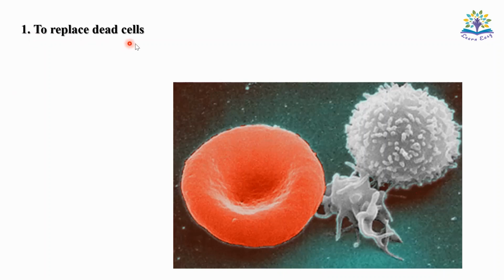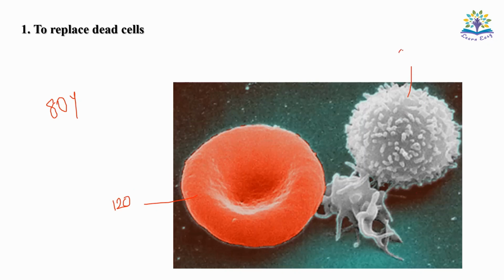The first reason is to replace dead cells. We know that the human average lifespan is around 80 years, but the lifespan of the cells is not that much. For example, if we take blood tissue, it is made up of RBC, WBC, and platelets. The average lifespan of RBC is 120 days.